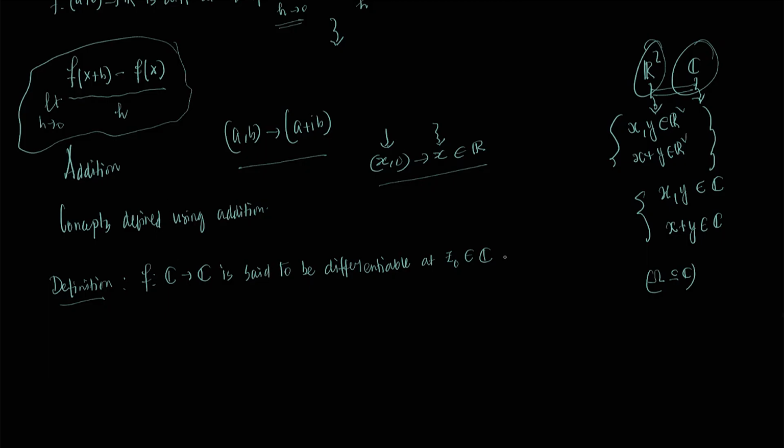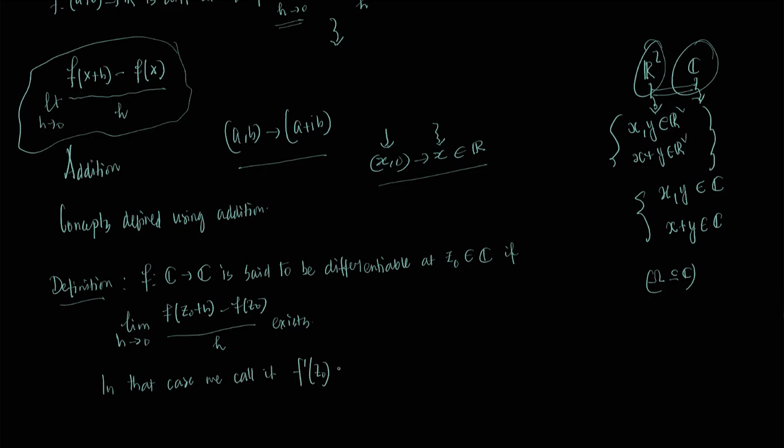So at z naught, if the limit as h tends to 0, in exactly a similar way, of (f(z naught + h) - f(z naught)) / h exists, then in that case we call it f prime of z naught, which is essentially this limit.